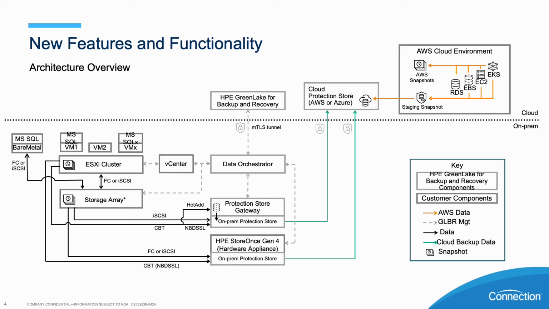We can also use other hardware appliances such as HPE StoreOnce. We also have a data orchestrator. That orchestrator is going to help manage that workload as well as schedule the particular backups that are going on-prem, back to HPE GreenLake for backup and recovery.